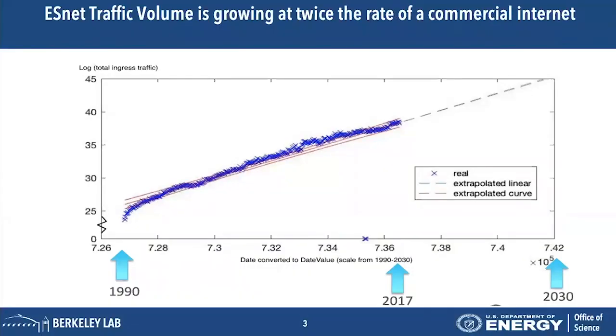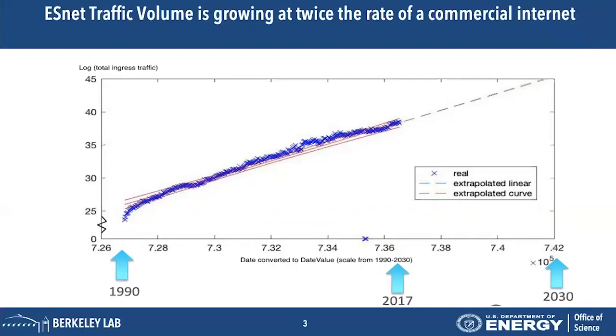It's also important to note that the ESnet traffic volume is growing at twice the rate of the commercial internet. Take a look at ESnet traffic 30 years ago, where the total ingress traffic was a little bit less than 25.